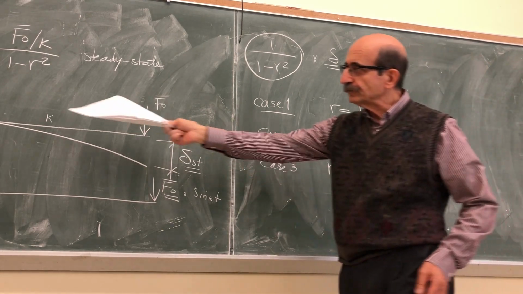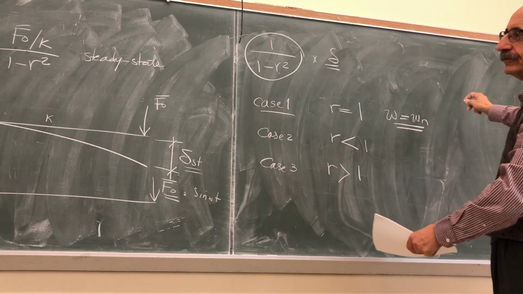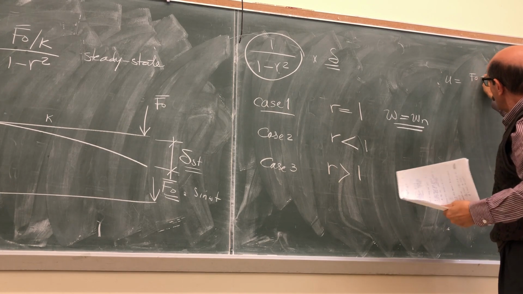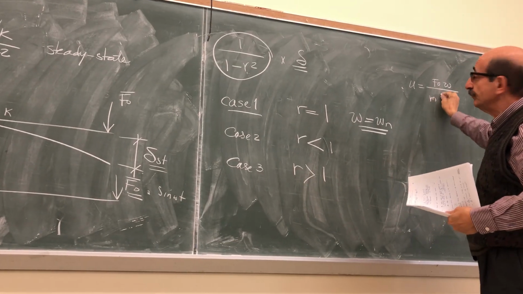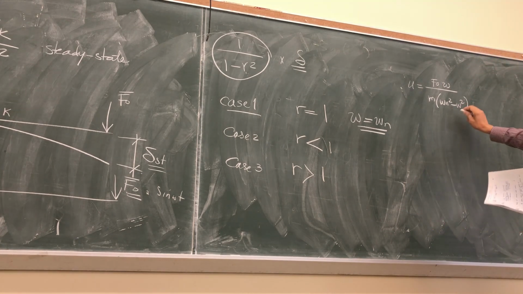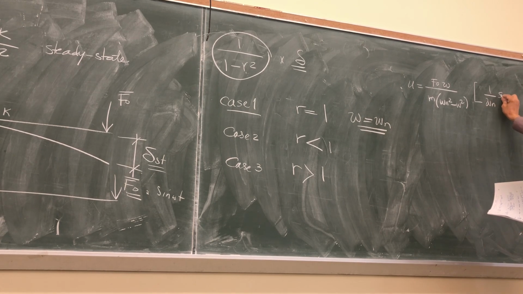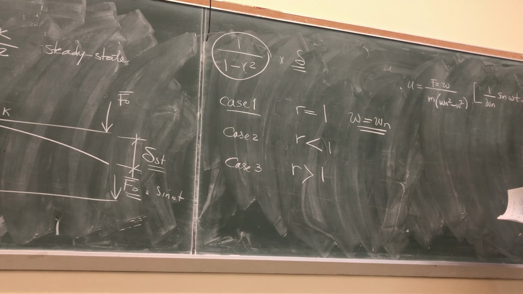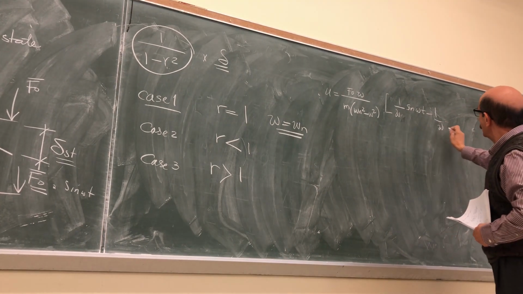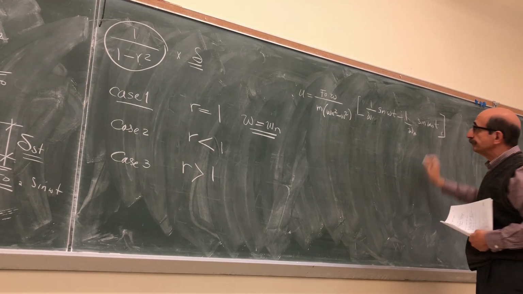So in that expression, maybe I should rewrite that: U is F0 over M times (omega N squared minus omega squared) times (1 over omega N sine omega T minus 1 over omega N sine omega N T).